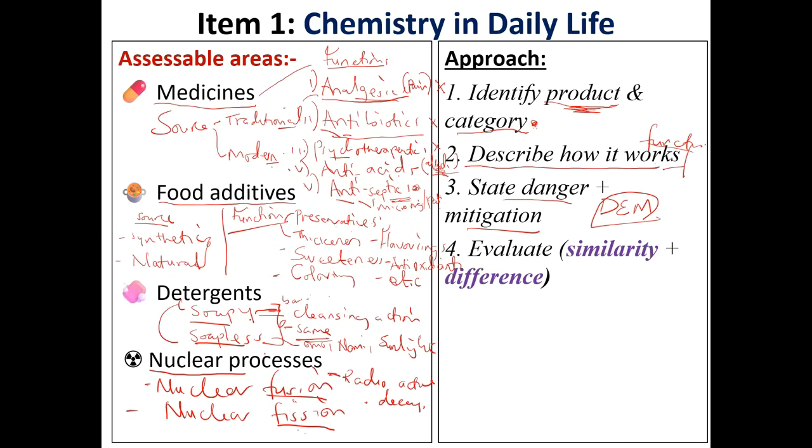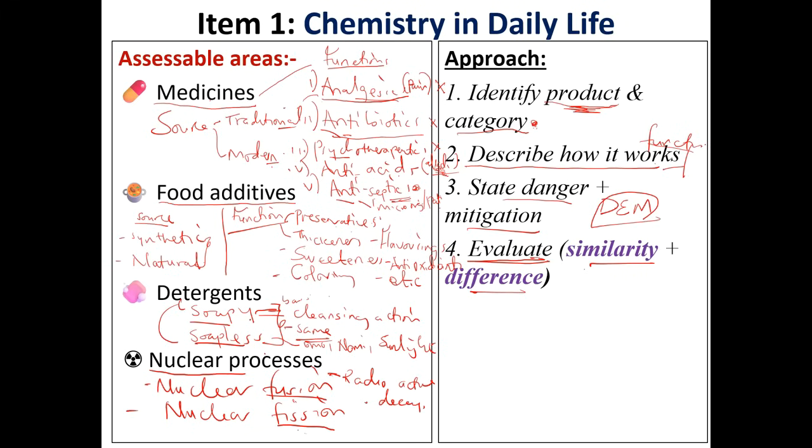Then finally, we can look at evaluation. In evaluation is where we need a similarity, only one similarity and a difference. Similarity of what? For example, if they are talking about an analgesic medicine, it will depend on the scenario. So when you read the scenario very well, you'll be able to understand whether they are talking about analgesic.